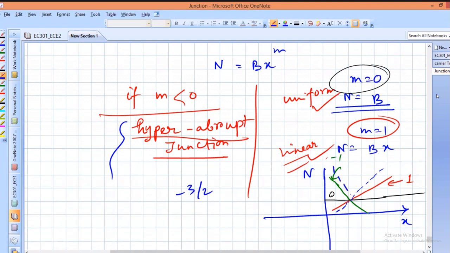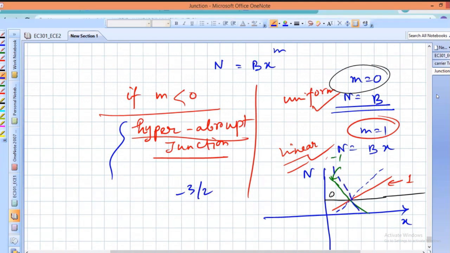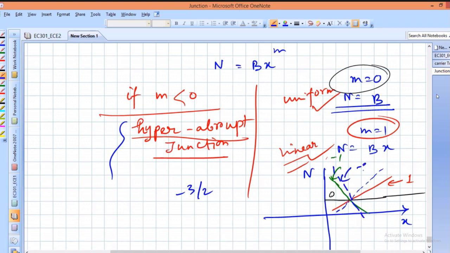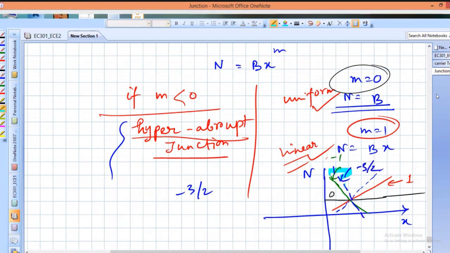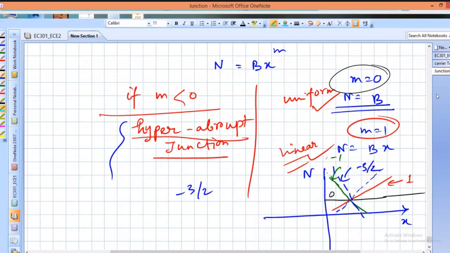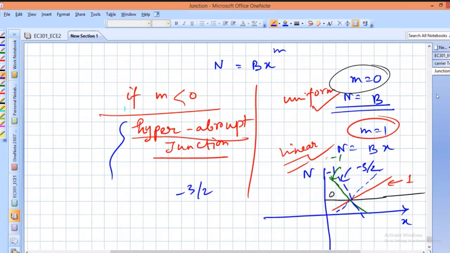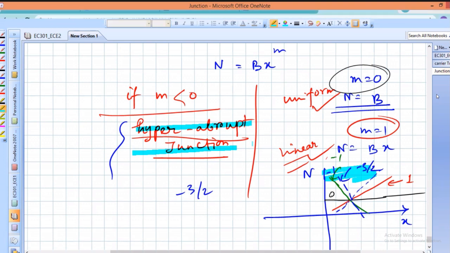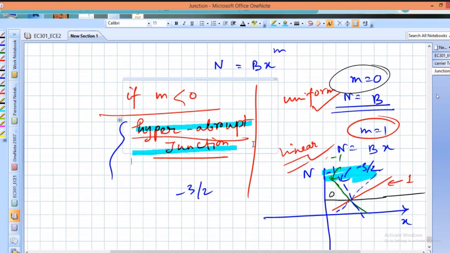Why I'm considering minus 3 by 2, I'll explain later. These types of values of m, this is actually minus 2. You can see this variation of doping concentration where with X, the doping concentration decreases.